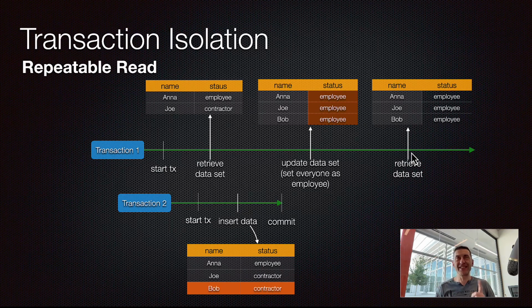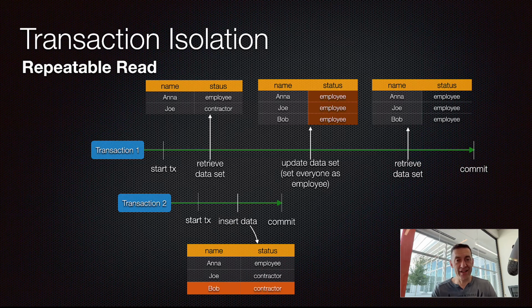Okay, so this inconsistency is just a side effect of the repeatable read, simply because while transaction 1 is running, some other transaction modified our data set. Okay, and because it modified the data set and committed that transaction, these 2 retrieval operations return different sets of data. And then transaction 1 commits.